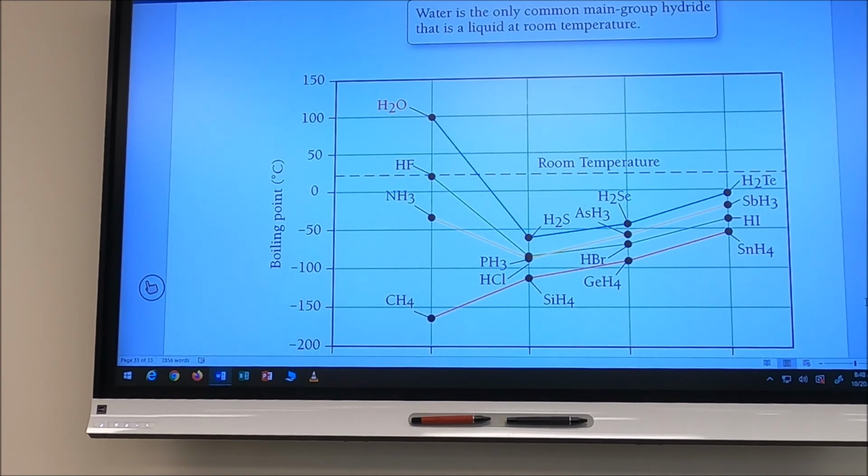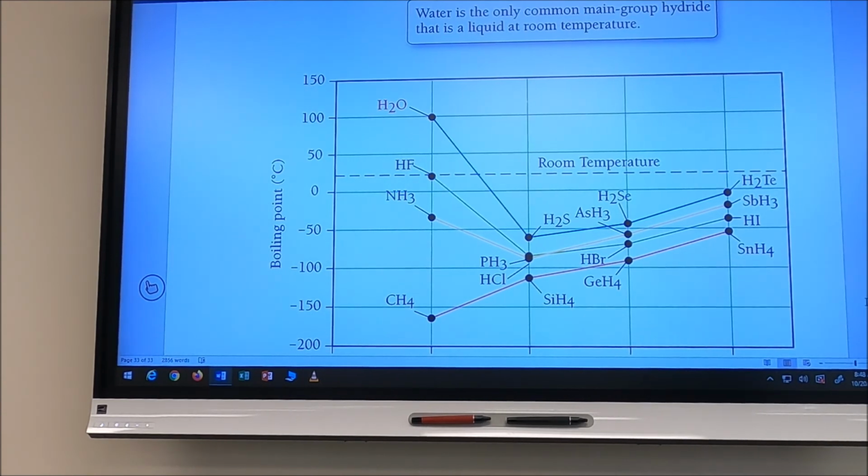A hydride is a compound of a nonmetal combined with hydrogen. So notice that water has a boiling point of 100 degrees C, but everything else is much less.